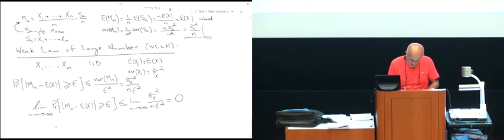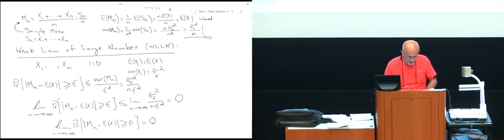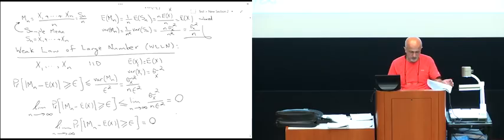So this is the statement of the weak law of large numbers. The probability that Mn moves away from its true mean by any arbitrary positive amount approaches 0 as n goes to infinity.